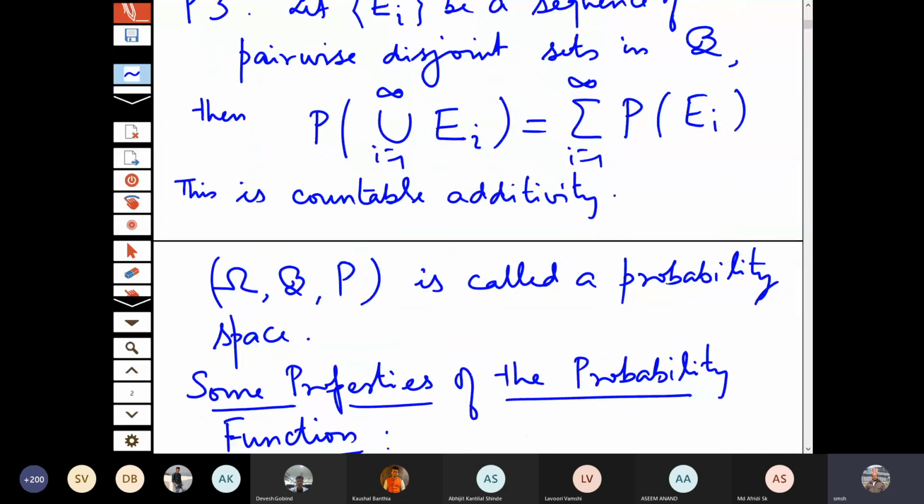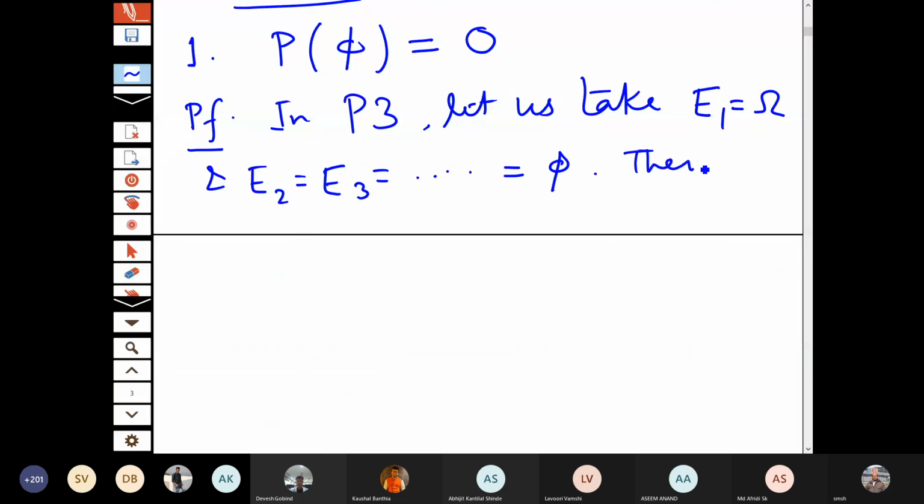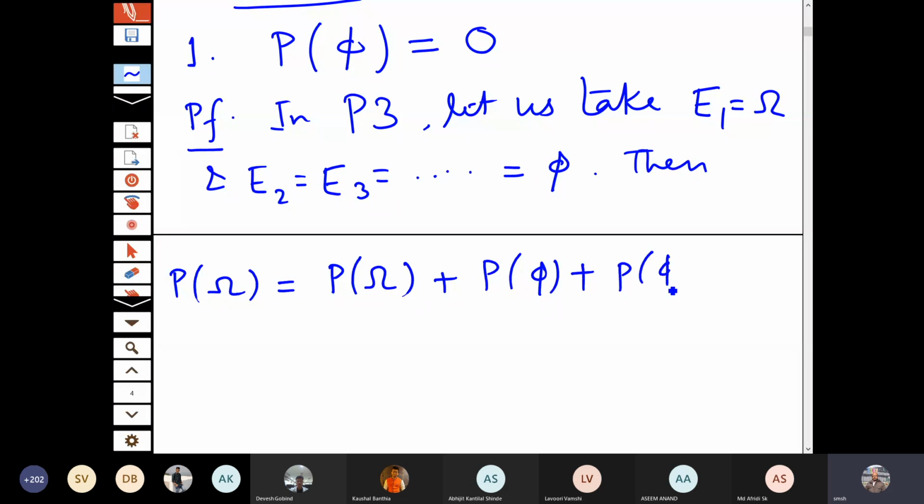So what will be this left hand side? Left hand side will become omega, because omega union phi and so on. And on the right side I will get probability of E1, that is probability of omega, plus probability of E2, that is probability of phi, plus probability of E3, that is probability of phi and so on. So we will get probability of omega is equal to probability of omega plus probability of phi plus probability of phi and so on.